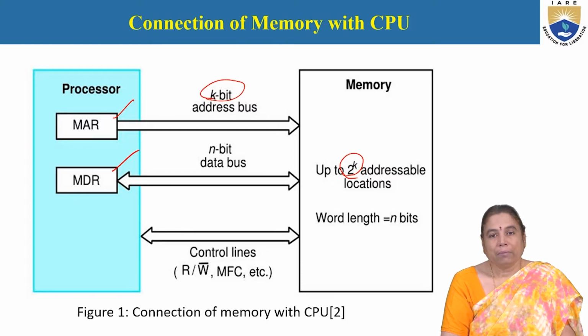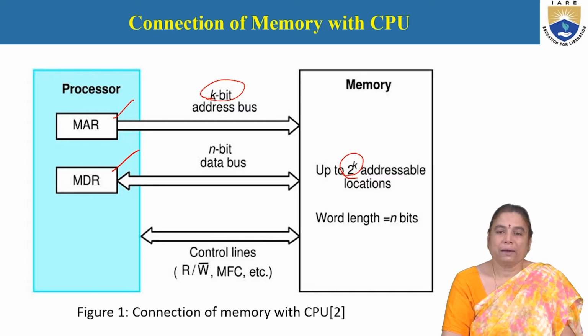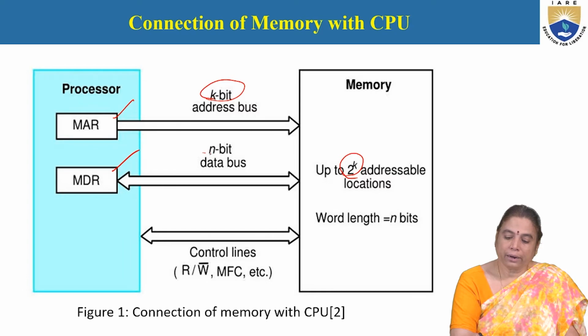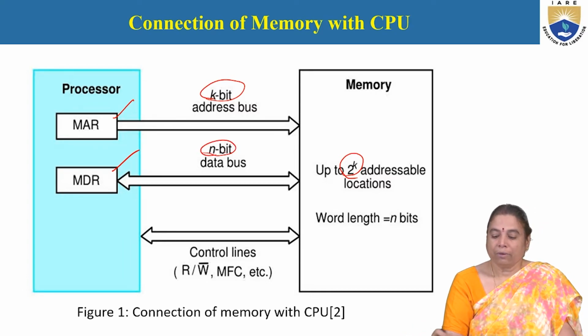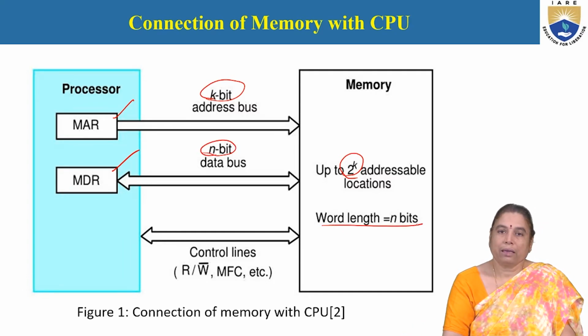And in the memory, the basic unit of accessing can be the word. How many bits constitute a word is decided by the number of data bus lines. If there are n-bit data bus lines, the word length is the same as n bits. And what operation is to be performed on the memory can be directed by the control lines.